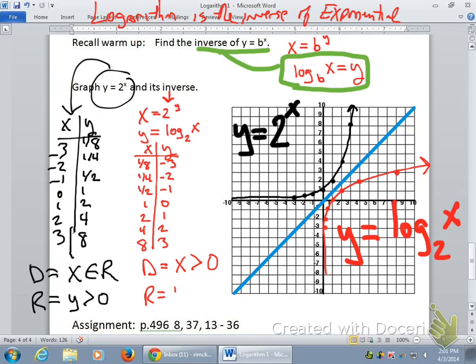And then the range would be all the y's. It's all real. If you look at this, the y's go forever down, and they will go forever up. So, isn't that interesting? The domain and range are opposites, aren't they? And that's true on inverse functions. All right, guys, your assignment's at the bottom.